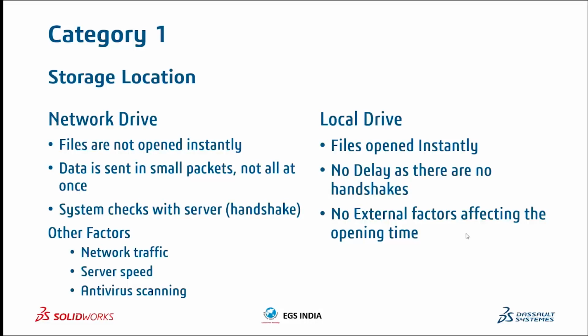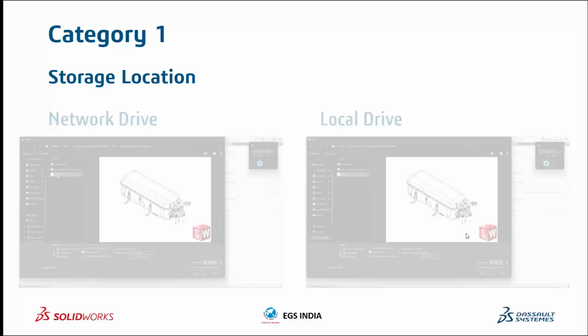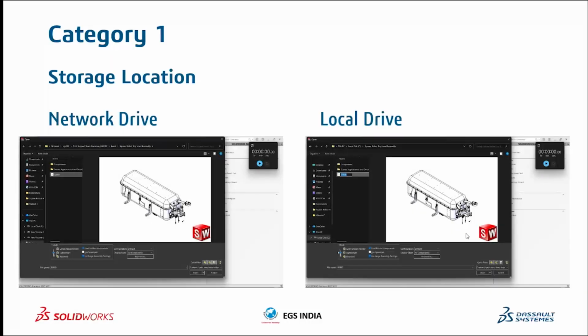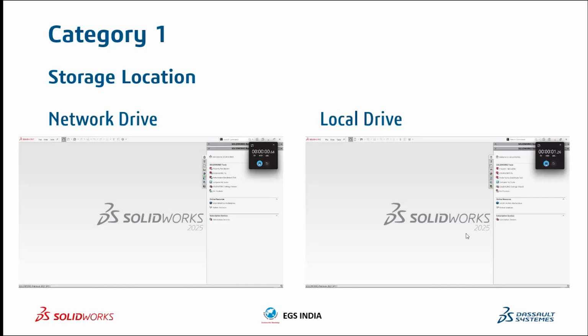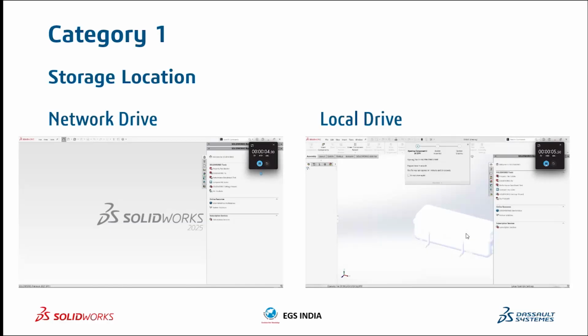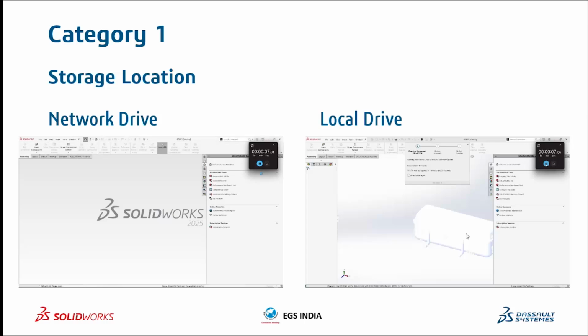So I do have proof to show this to you. We've got the same assembly over here, where one version of it is hosted in the network drive, and the same file is hosted in your local drive. You can see over here that I've recorded the timings for both the files.